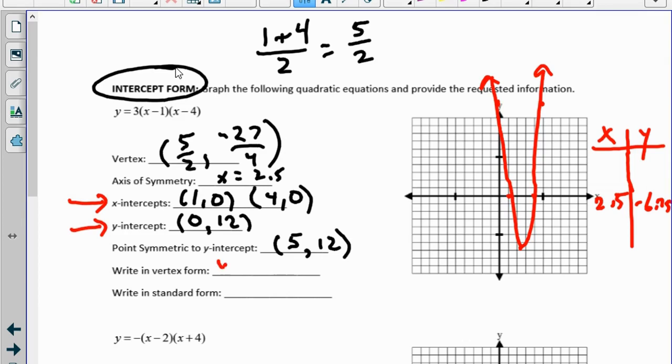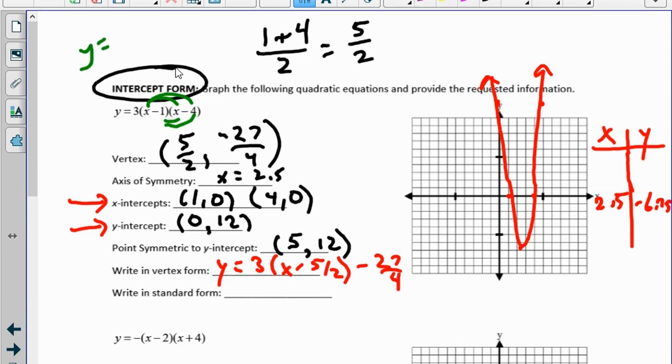So to write this in vertex form, I get y equals 3 times x minus 5/2 squared minus 27/4. And then finally, to get it in standard form, I would distribute. So distribute like this.